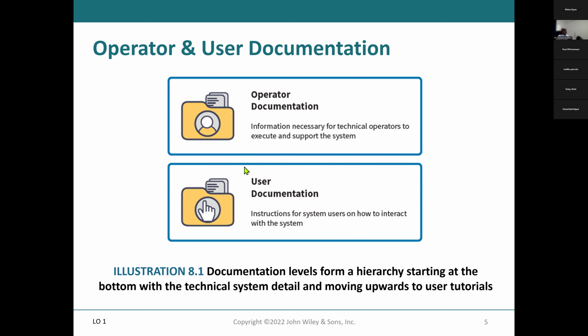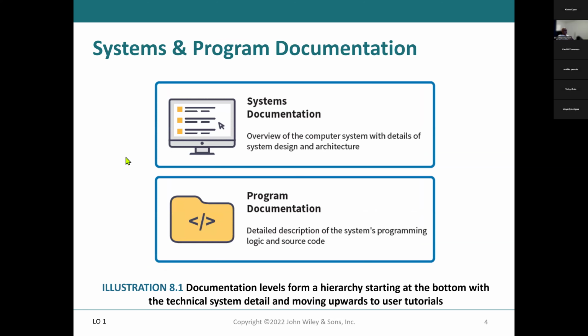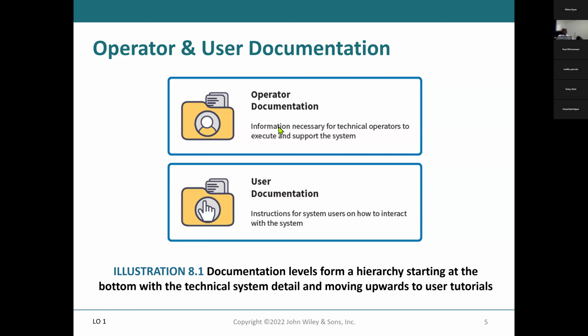What this is describing is something that was the prevalent way of doing things about 60, 70 years ago. We're still utilizing it, but some of the things, such as operator documentation, are no longer as important. User documentation is important.